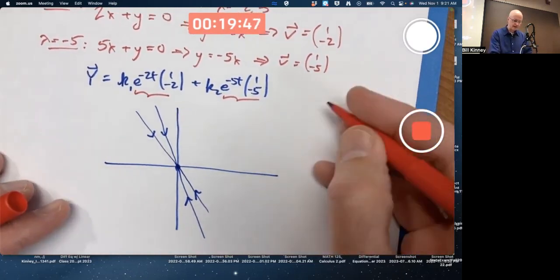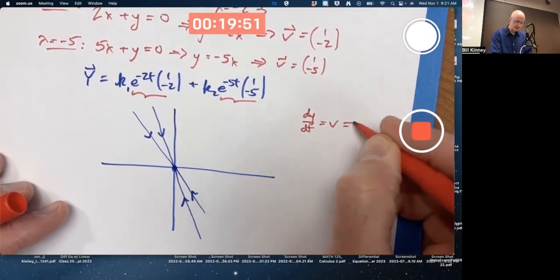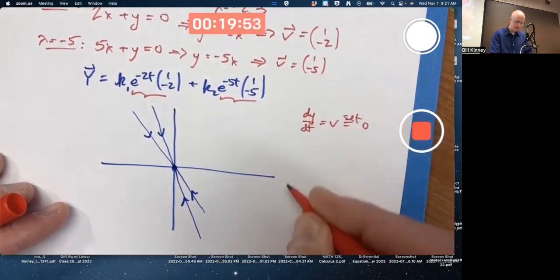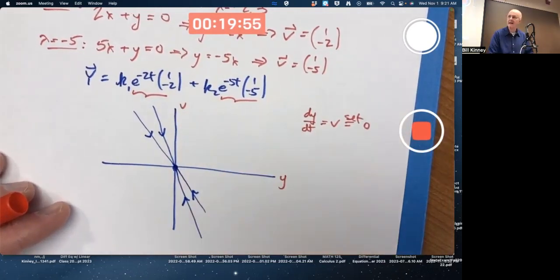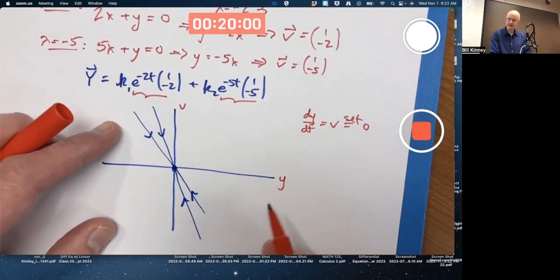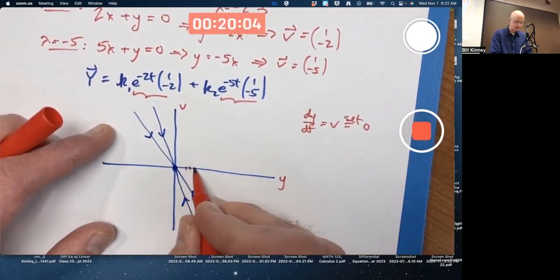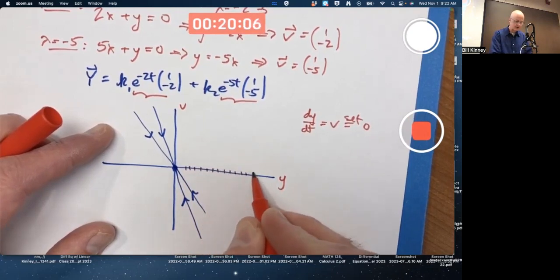For the y nullcline, dy/dt equals v. Set that equal to 0. What is that? Well, that's the y-axis. v equals 0 in this picture, where y is horizontal and v is vertical, is the y-axis. You've got to cross that with vertical tangents.